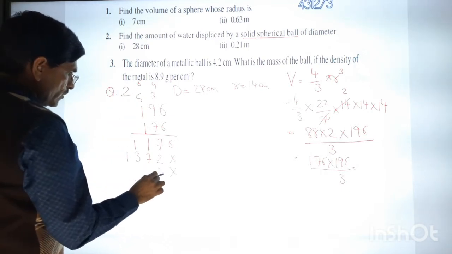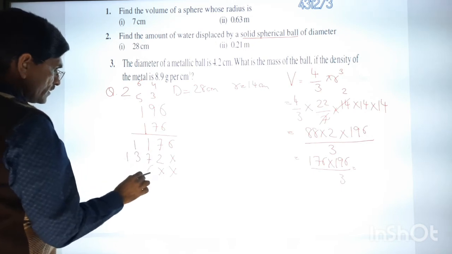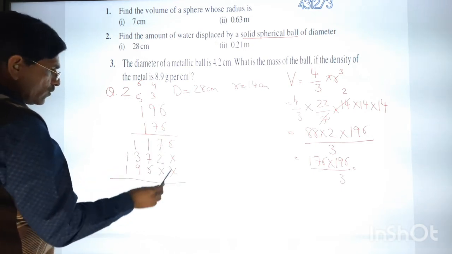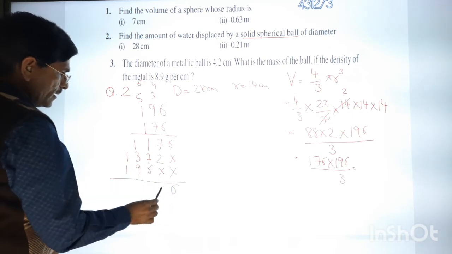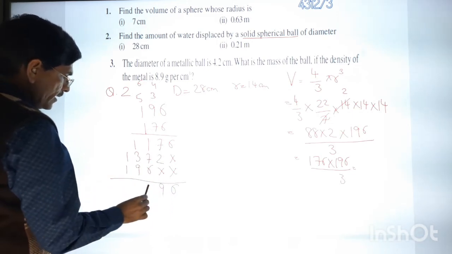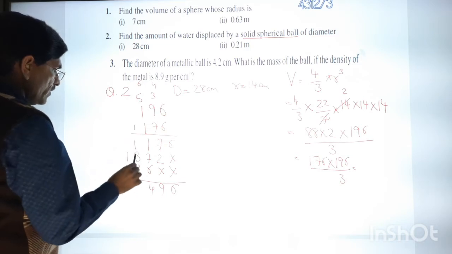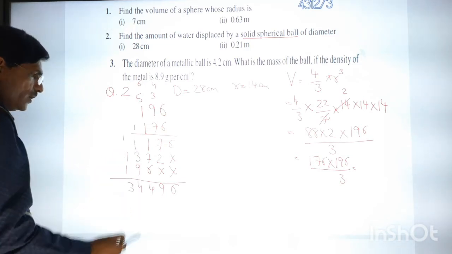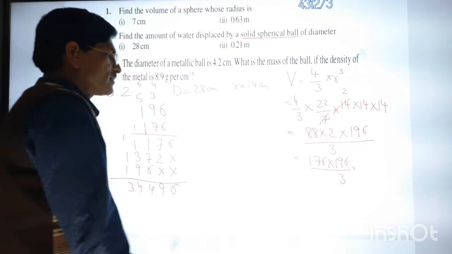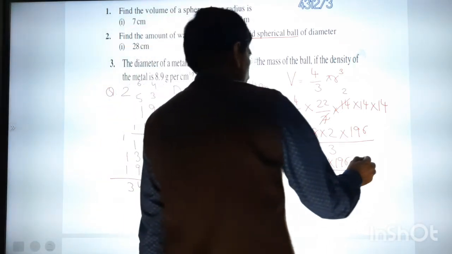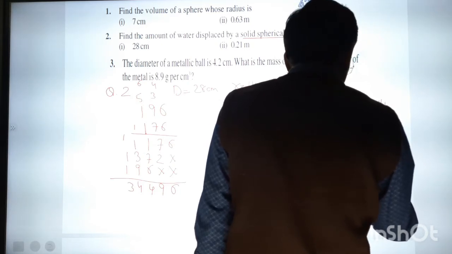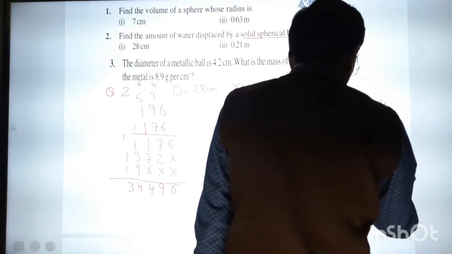Now putting a cross, 1 sixes are 6, 1 nines are 9, 1 ones are 1. Now add, that is 6, that is 9, that is 14, carry 1, 10, 14, carry 1. So 3, 4, 4, 9, 6. Now try to multiply yourself and we can get the same answer, then we continue.